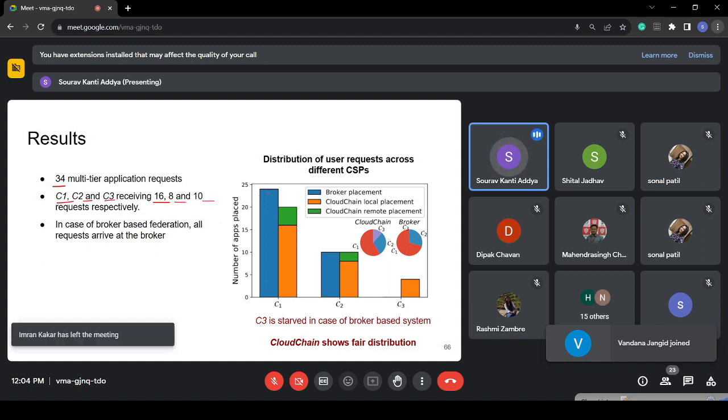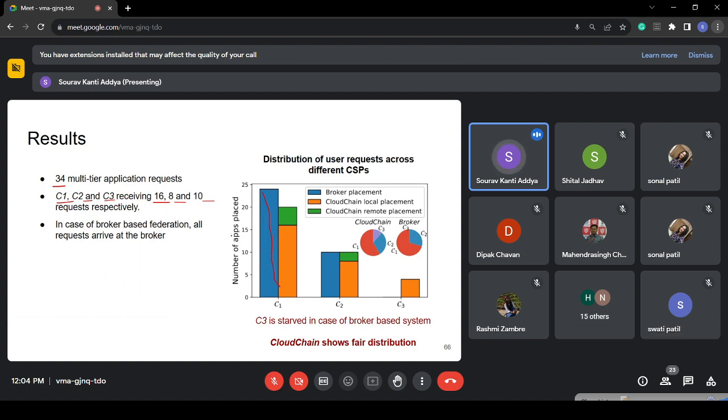This blue one is the centralized kind of placement, where the first server is a bigger one, so all resources have been placed centrally and biased towards C1 and some to C2, but C3 didn't get any placement in the broker-based or centralized system.